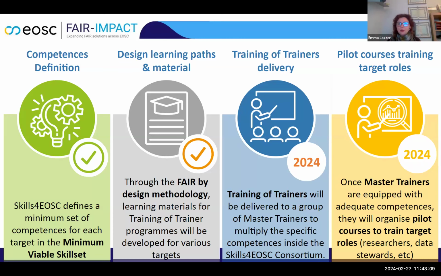There will be courses starting now in March dedicated to a group of master trainers who come from the single competence centers inside our network. And those will commit to spread the competencies that they acquired in their local community. So this is how we will proceed.